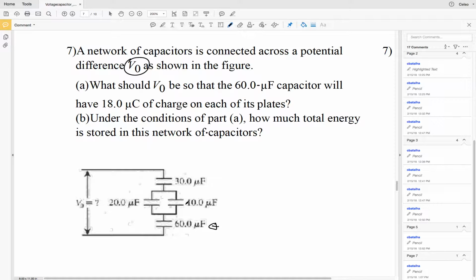So let's start with these two fellows over here. So they are in parallel, right? And I will redesign this circuit like this.